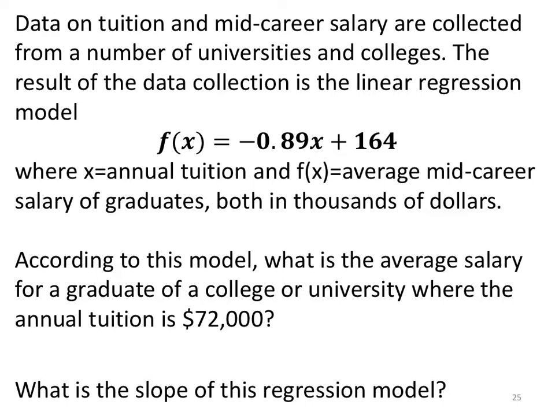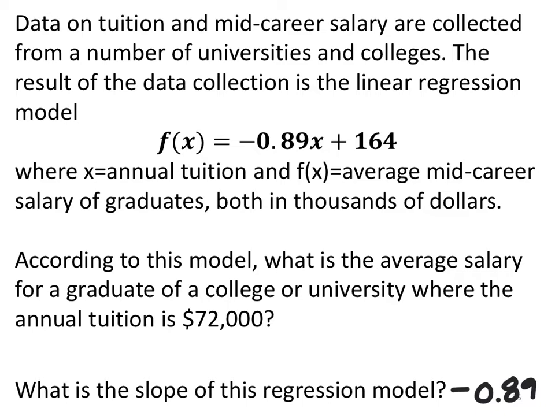And then what's the slope of this linear regression model? Well, you could say it's negative 0.89 right now if you'd like. Or just, if you wanted to describe it, it looks like you lose $890 for every year, I guess, because x is annual tuition.